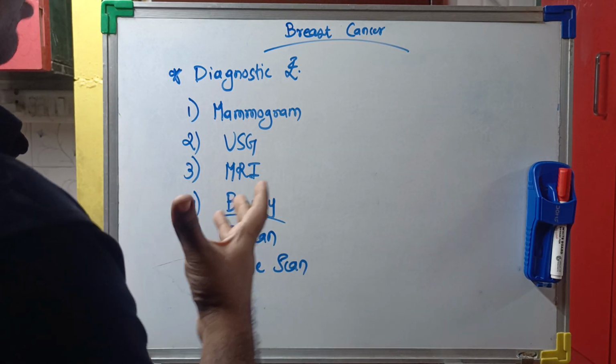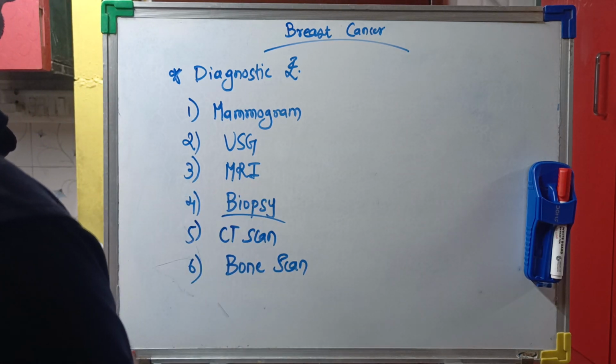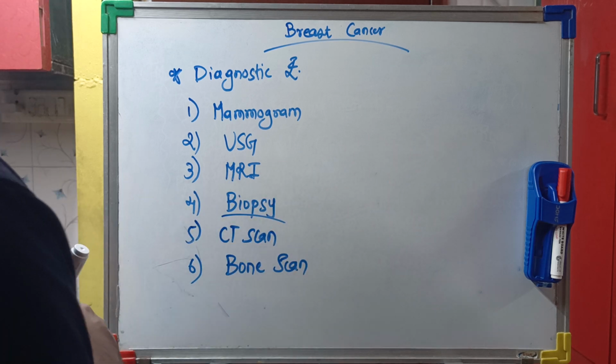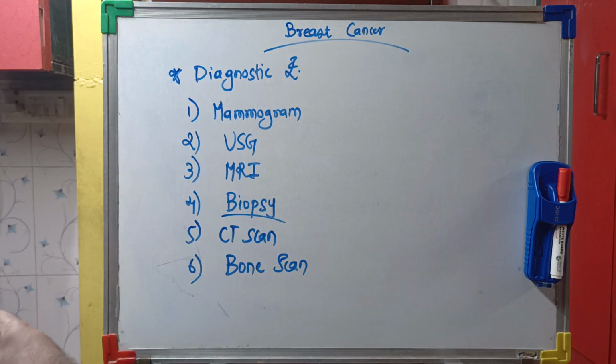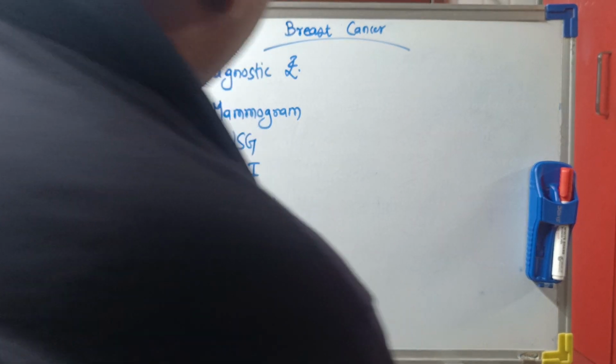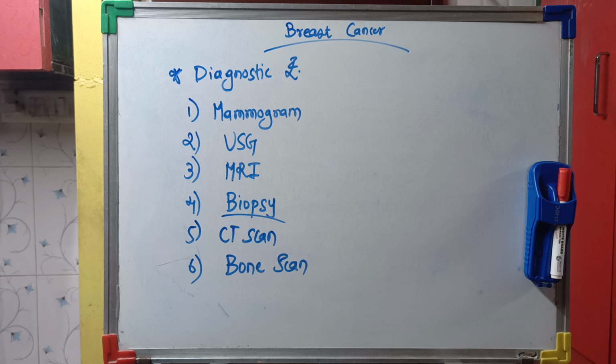So there we can conclude that the tumor is the malignant or the benign type. The fifth one is the CT scan, and the sixth one is the bone scan. So these are the diagnostic evaluations of breast cancer.